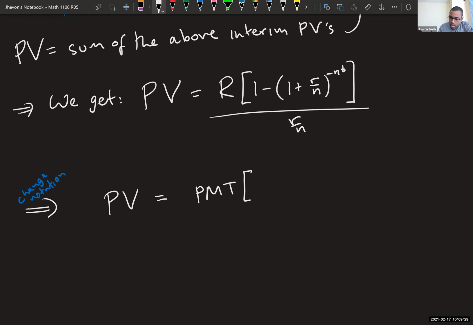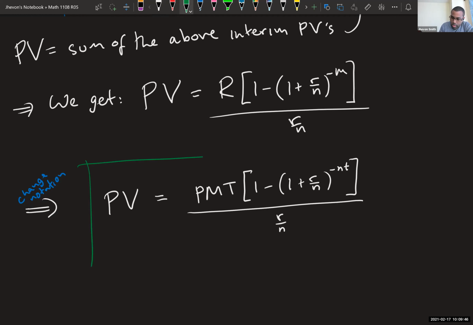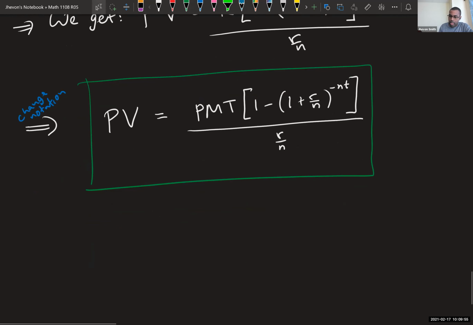This was an M, but we change our M to NT. It's 1 minus 1 plus r over n to the minus nt over r over n. And that's the guy we want. What lump sum is needed to get a certain number of payments for a certain time period? Okay, this is what's called the present value of annuities formula.